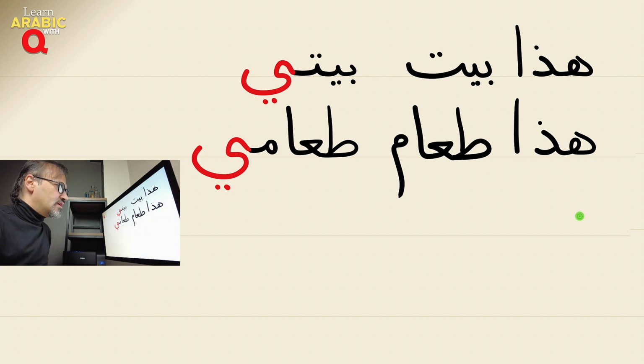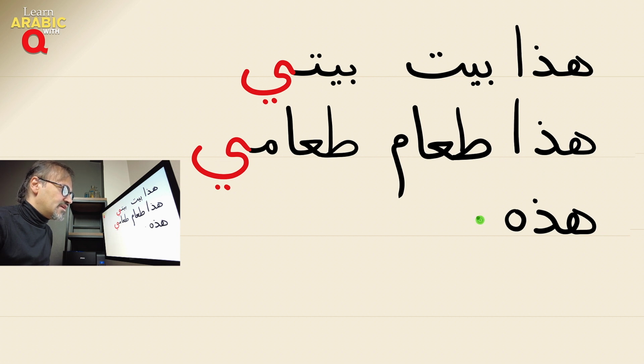Now, let's take another word. هذه, something feminine. هذه سيارة. Remember what سيارة is? It's a car. سيا, two dots over here for the ye. سيارة.